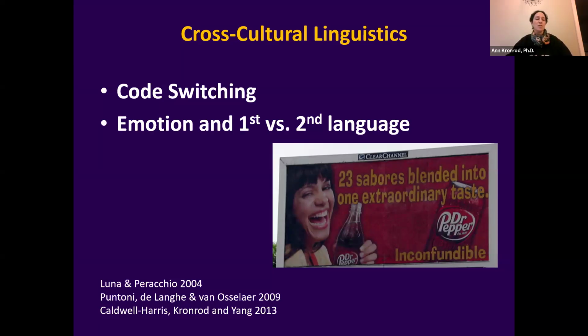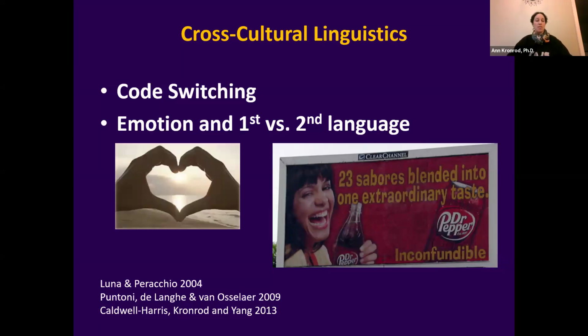So that's one of the reasons, for example, that people often curse and swear in a second language. They don't use their first language to swear because it sounds too strong.